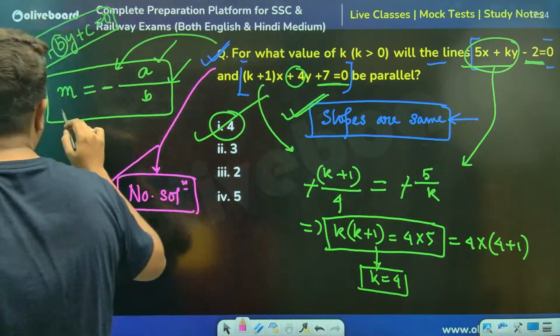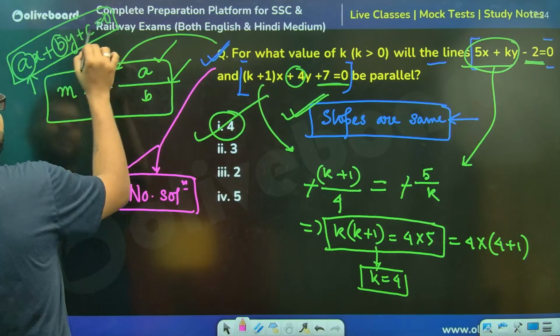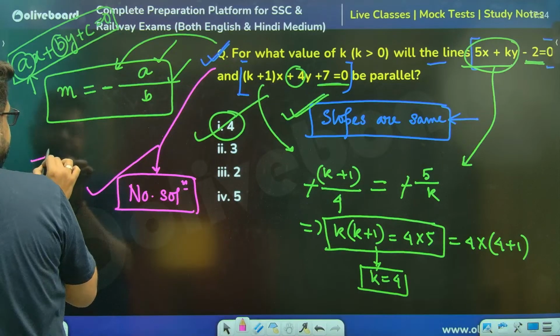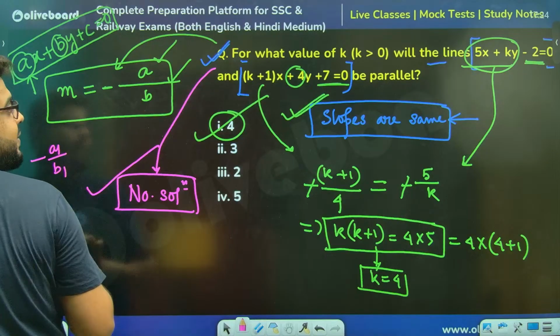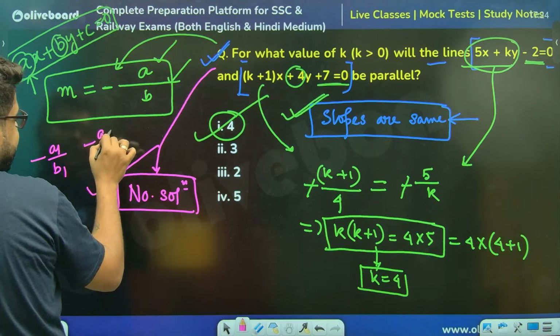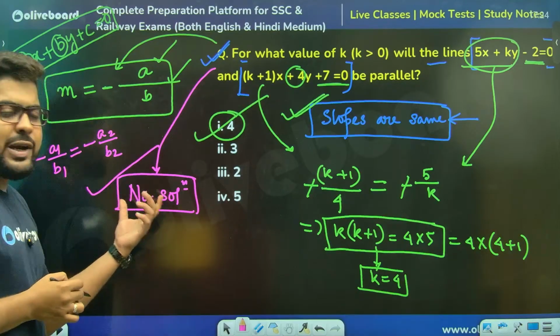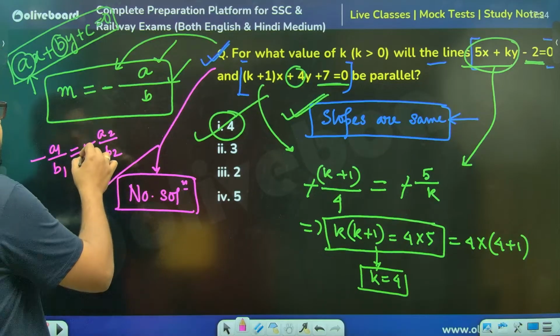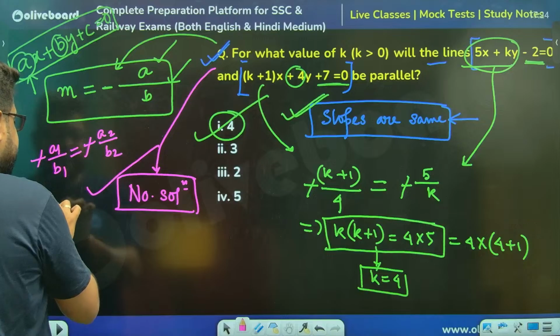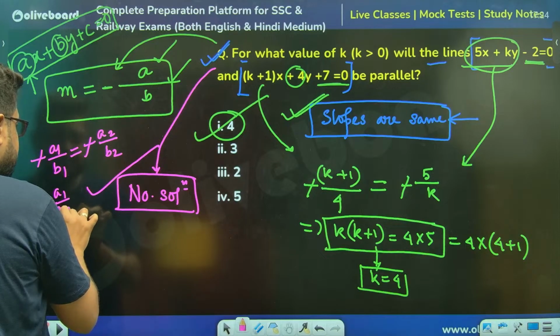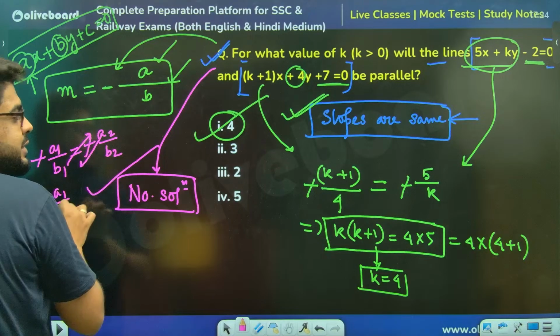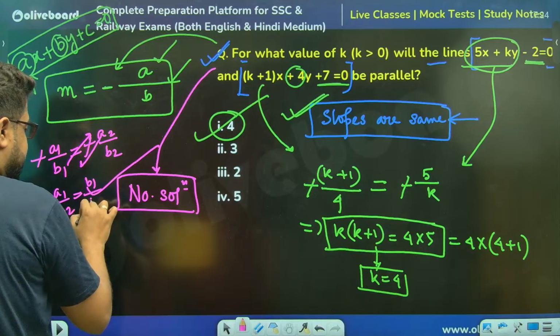You can see, there are two lines, a1x plus b1y. So slope of this will be minus a1 by b1. And for the second line, this will be minus a2 by b2. So to be parallel, if we need no solution, it has to be parallel. So negative, negative cancels. You do one line, I'm just crisscrossing this, you get to this condition.